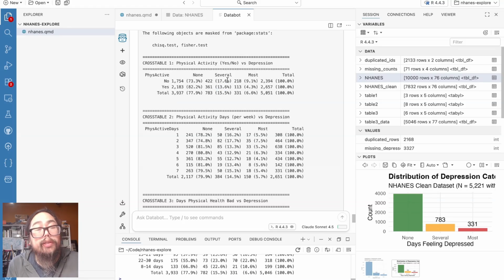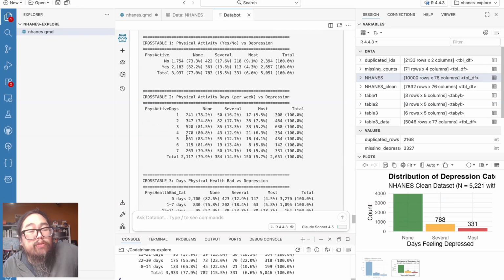So this is something to notice. Another thing to notice is that for the most number of depressive days, this percentage is actually twice the size of this. So this gives us an idea that there may be a possible association.